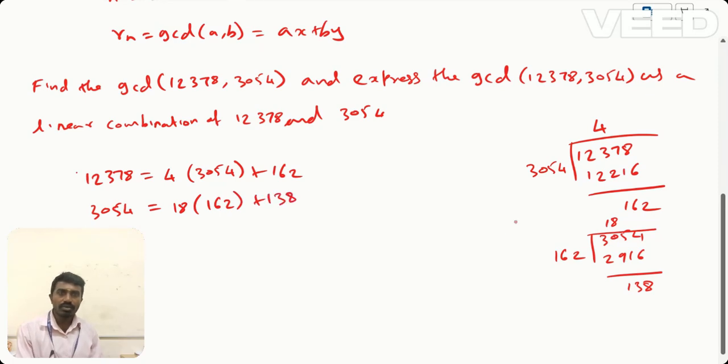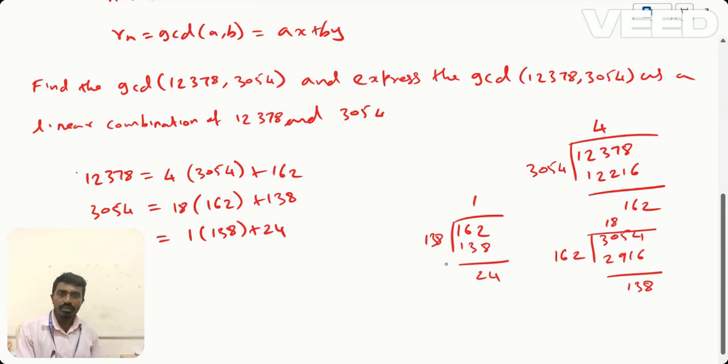Now once again you divide 162 by 138. Then you get 1 as the quotient, so the remainder is 24. So 162 can be written as 1 time 138 plus 24.